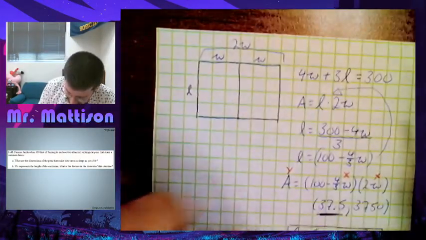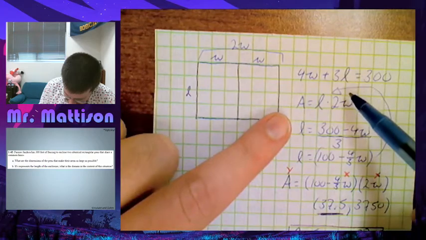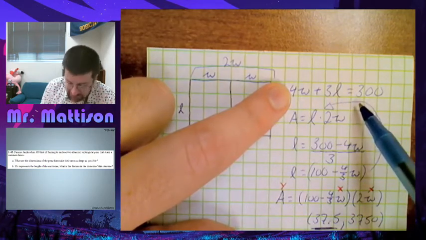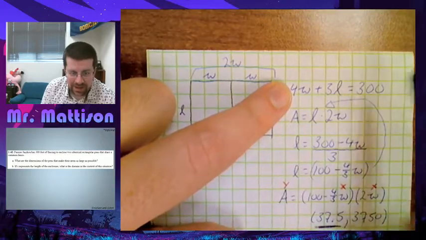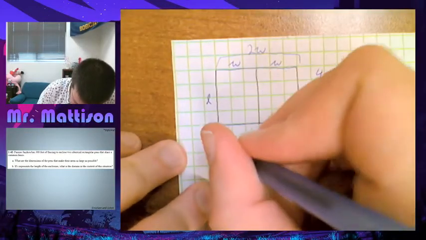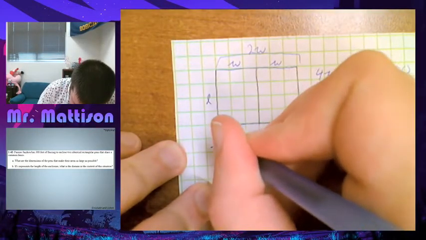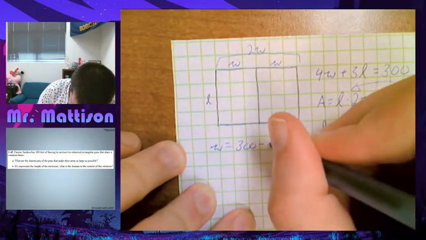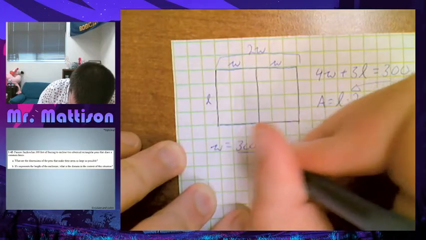All we would really do is, as is here when we solved this for length, we want to solve it for the width instead. So I would get W equals 300 minus 3L all over 4.